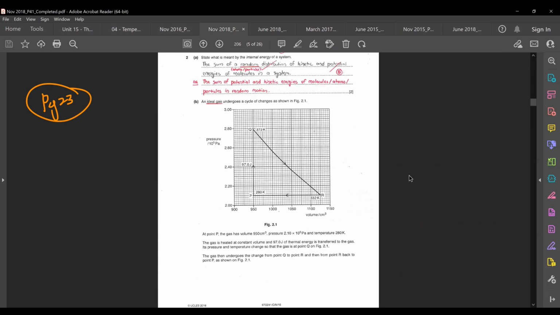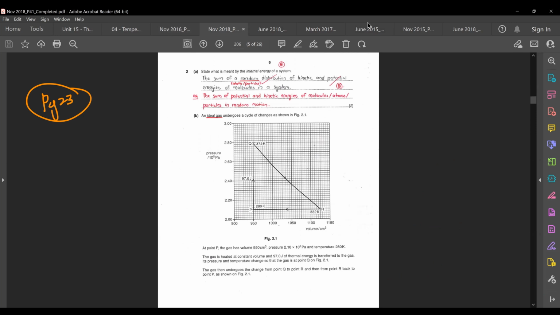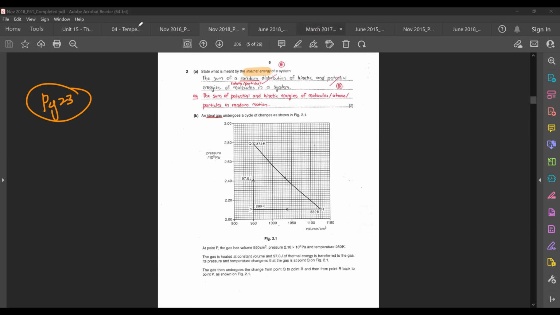For this particular question, you are asked to define what is meant by the internal energy of a system. Internal energy of a system was already defined for you inside your notes. You just take the definition from your notes where you say it's the sum of a random distribution of kinetic and potential energies of molecules inside a system. It's worth 2 marks. Where did the 2 marks come from? If you say sum of kinetic and potential energies of molecules in the system, this is 1 mark.